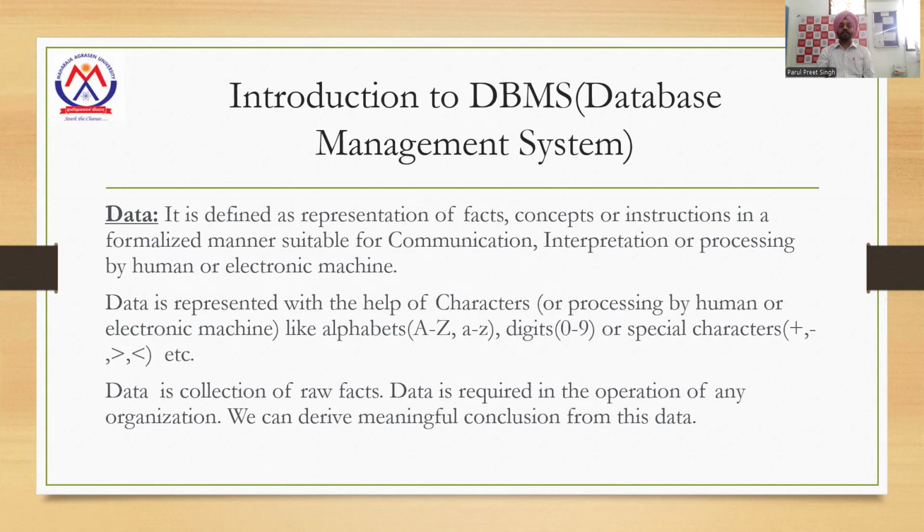Data is represented with the help of characters like alphabets, special symbols, digits. Data is a collection of raw facts. Data is required in the operation of any organization. We can derive meaningful conclusions from this data.